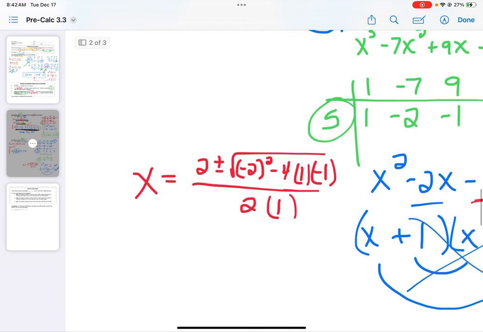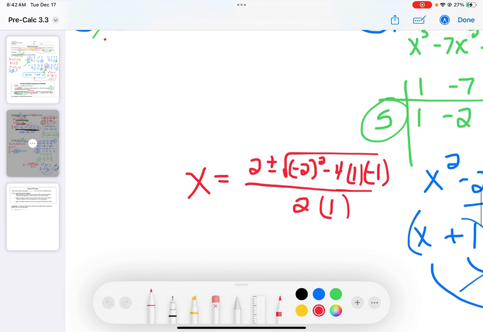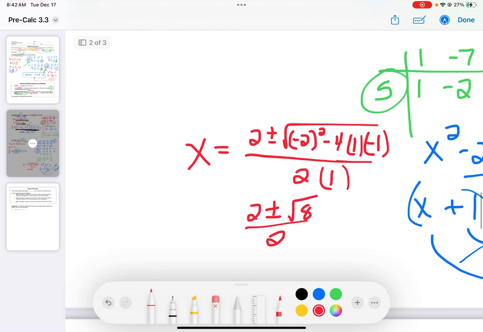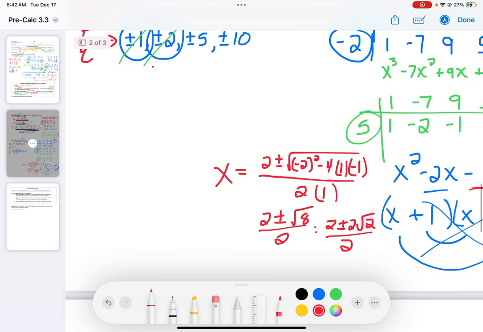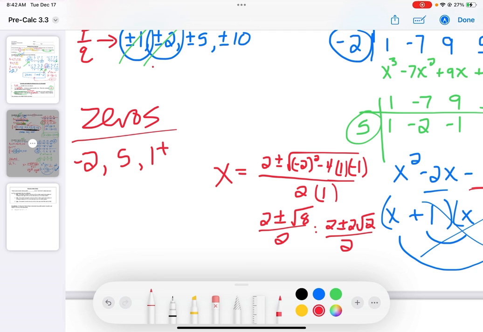Remember, this was 2 plus or minus square root of 8 all over 2, and then we got 2 plus or minus 2 root 2 over 2. When you reduce that, it's 1 plus or minus square root of 2. So all of our zeros, if we list them, are negative 2, positive 5, and then 1 plus or minus square root of 2.